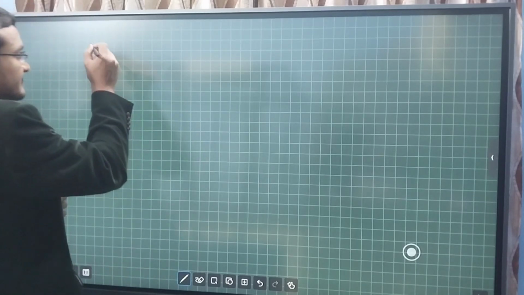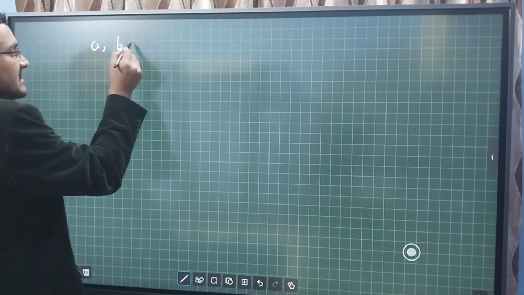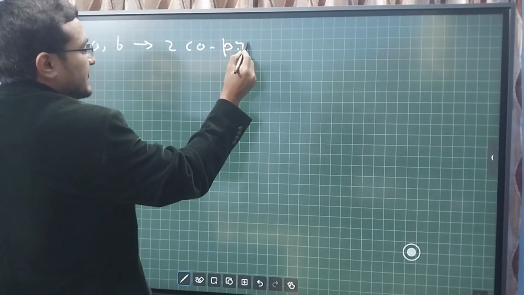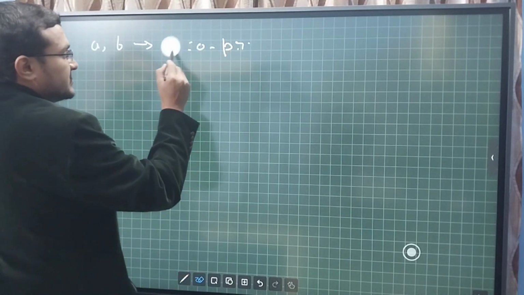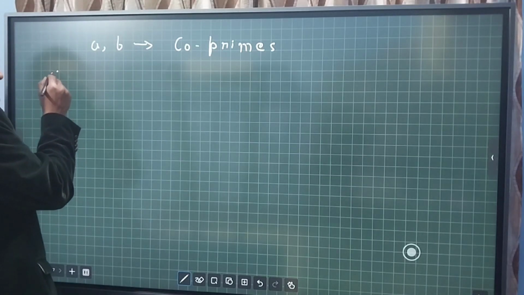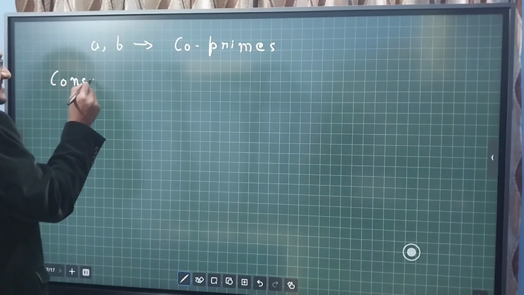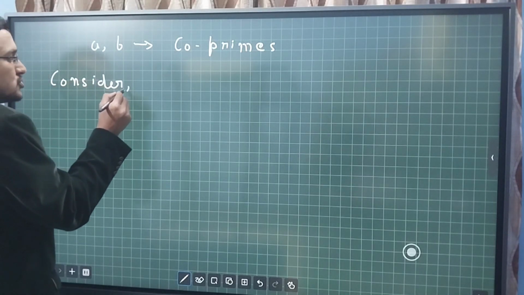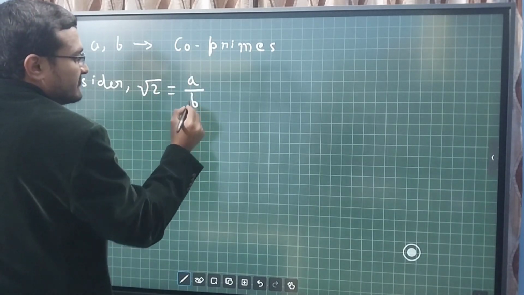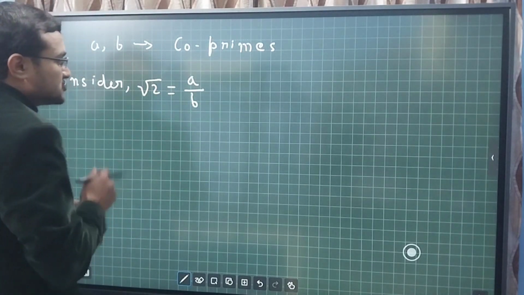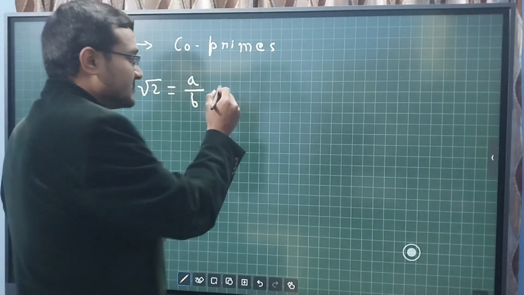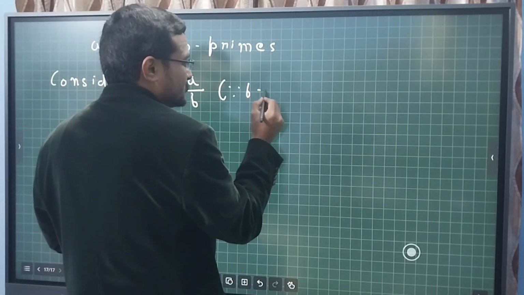So now we will take A and B as co-primes. We consider root 2 equal to A by B, where A and B are co-primes, and B is not equal to 0.